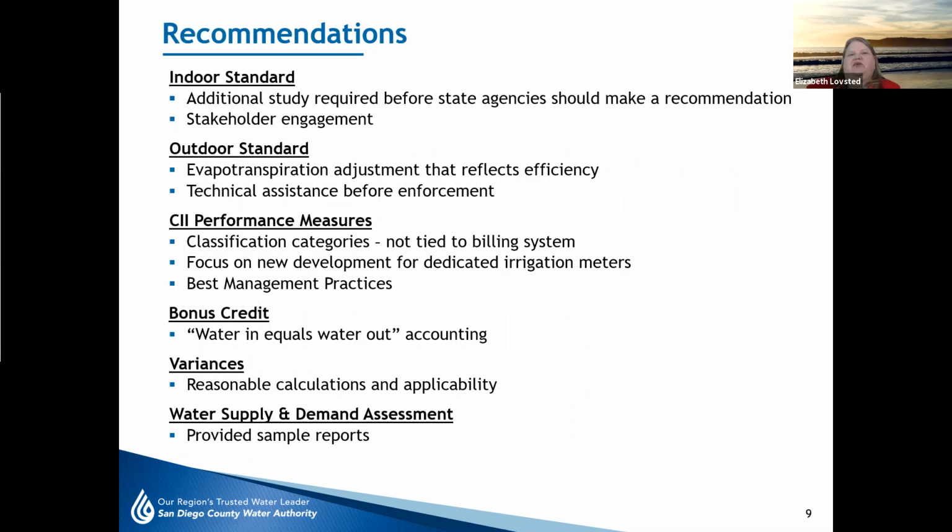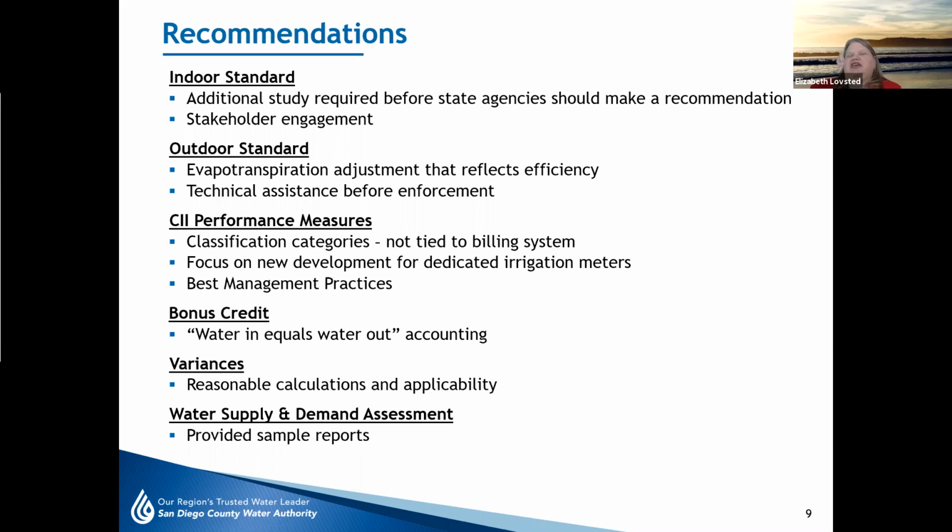One of the things that we're working closely with the associations, including Aqua, and we're trying to be proactive about some of the recommendations to the state board and to the state DWR staff, and be proactive about feedback. Some of the recommendations that we've provided is that for the indoor standards, we really wanted additional study, and we wanted better stakeholder engagement.